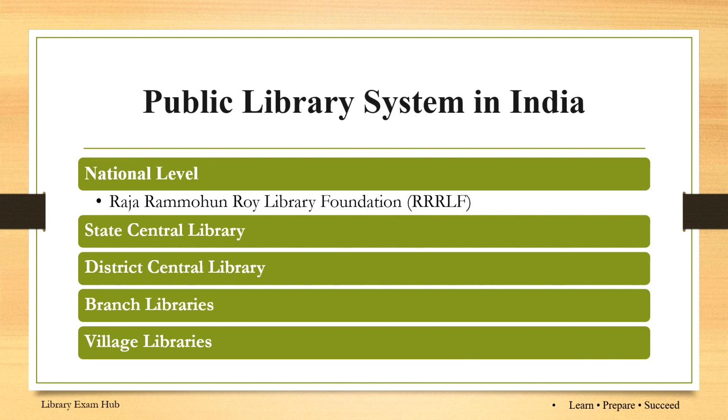Branch libraries provide services at the local level. Finally, village libraries ensure access to information in rural areas. This hierarchical system ensures that library services reach every section of society.